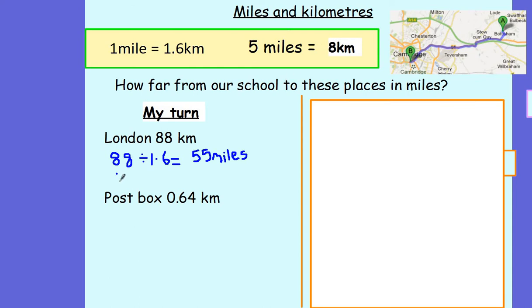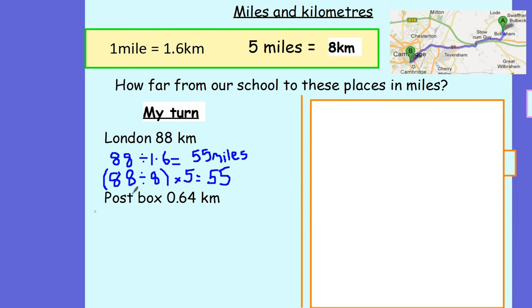Alternatively, I can take my 88, I can divide it by 8, and then multiply that answer by 5, which also gives me 55.